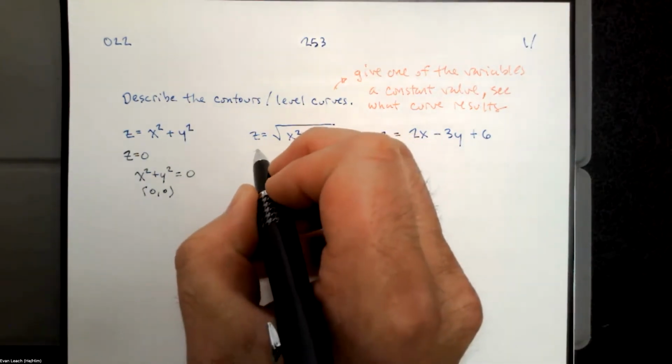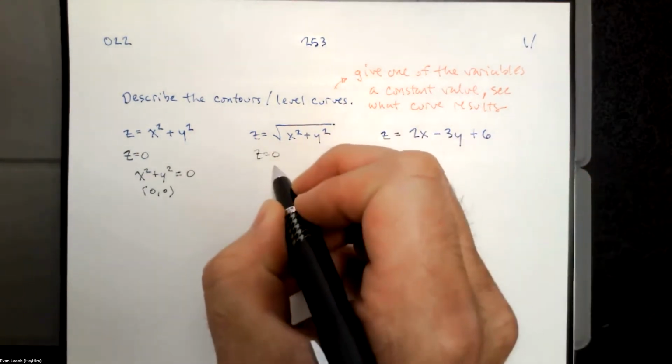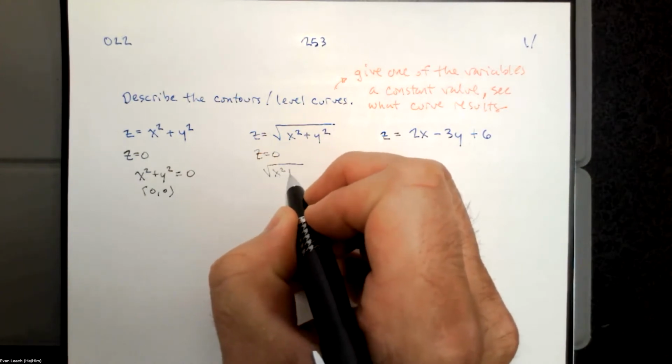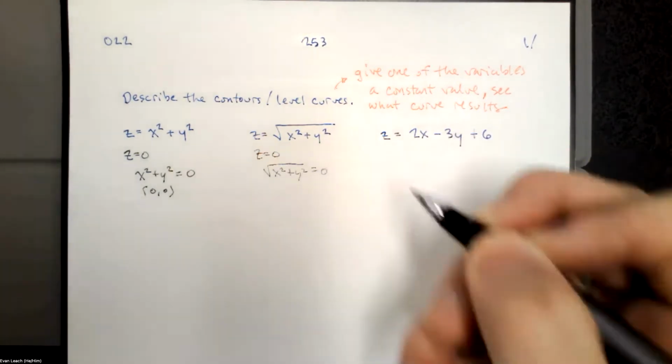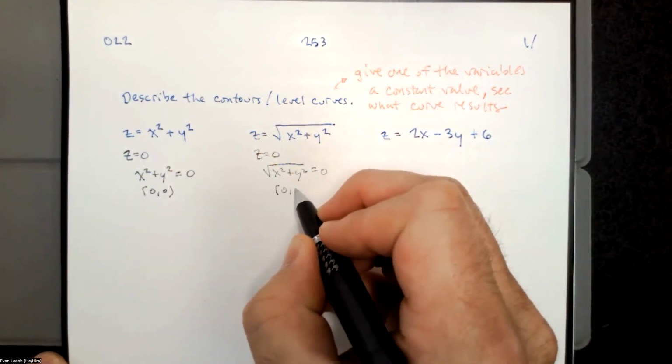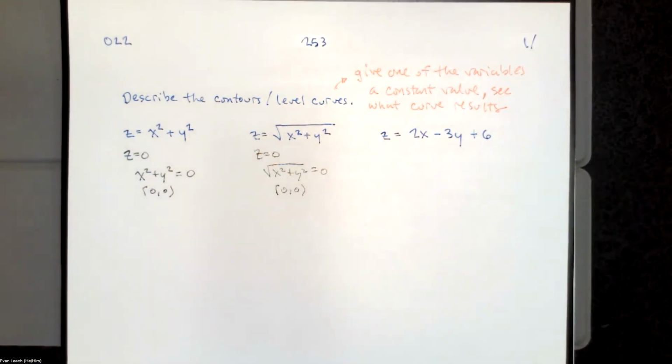If we make z equal 0 here, then our equation is going to be the square root of x squared plus y squared equals 0. So we're also only going to get 0, 0. We'll come back to this linear one in a minute.